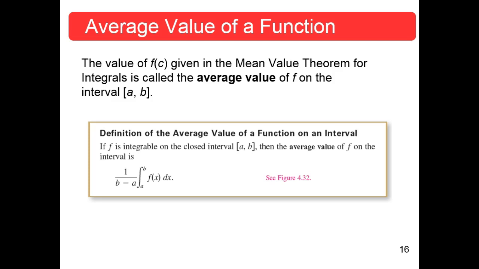That's what we're looking for. If this is an integrable function, you should be able to integrate it, and you'll get the average value that way. We won't know what c is maybe, but we will know what f of c is, which is the average value of that function on the interval.